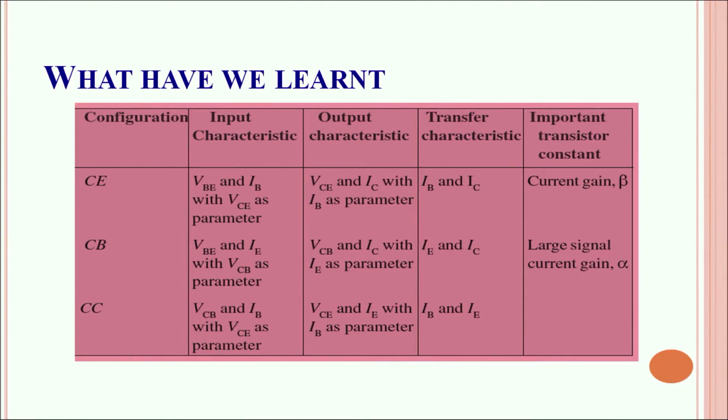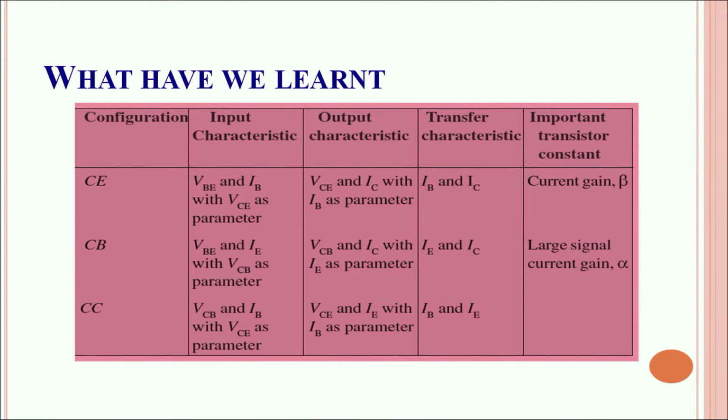The other kind of configuration is a common base configuration, where we see that the input characteristics are the emitter current plotted as a function of the base emitter voltage with the collector base voltage as a parameter. The output characteristic curves indicate the variation of collector current IC as a function of the collector base voltage.